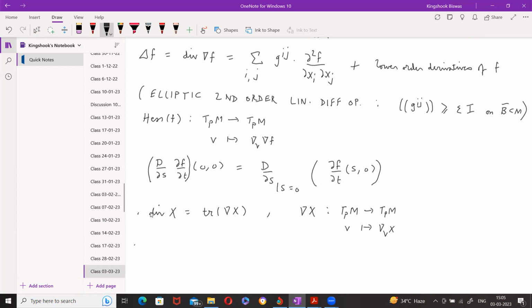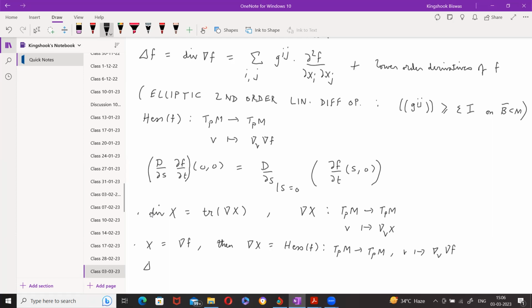And if x is equal to grad f, then nabla x is equal to the Hessian of f from TpM to TpM, v goes to nabla_v of grad f.